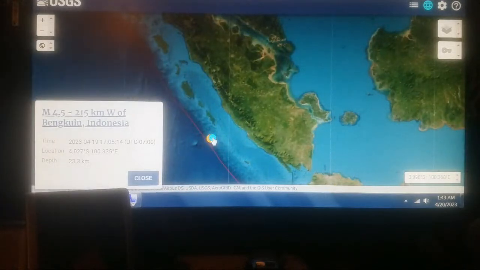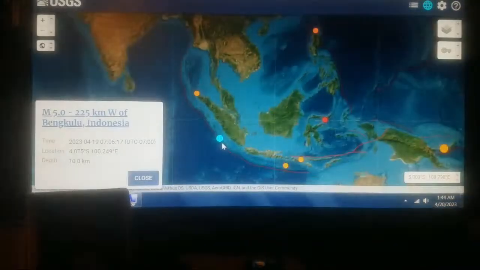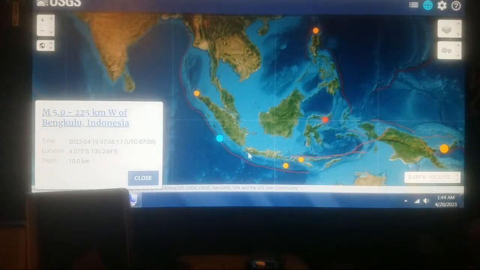This is a 4.5. We have 5.0 at 10. This 5.0 at 10 is that energy scrubbing off right here. Same with this one. That one definitely is. This one's a little deeper, but that's where it's scrubbing off energy. So watch around this area.